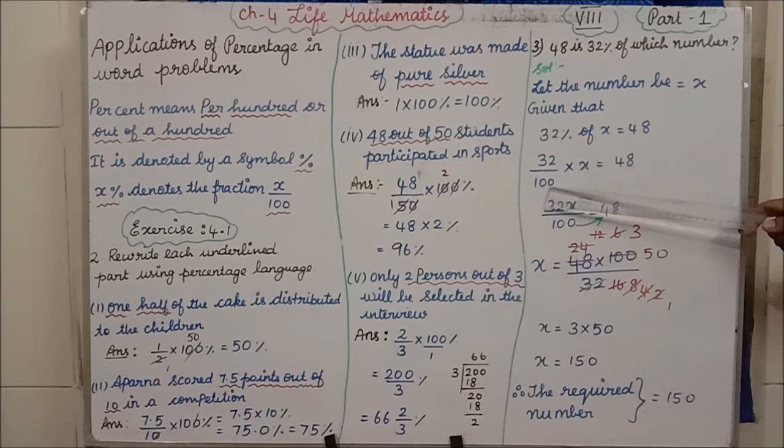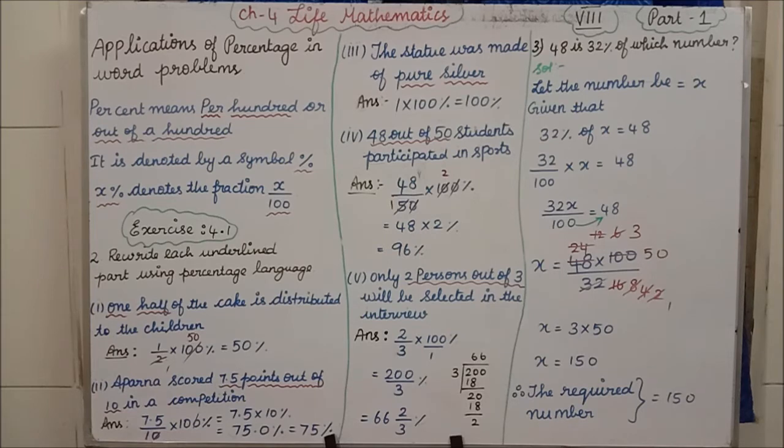We need this x value, isn't it? So, I am doing here 100 cross multiply. Before that, I am straightly multiplying. 32 into x is 32x divided by 100 equal to 48. The next step, I am cross multiplying this 100. So, then 32 will come down, isn't it? We are keeping x alone here. So, 48 into 100 divided by 32.